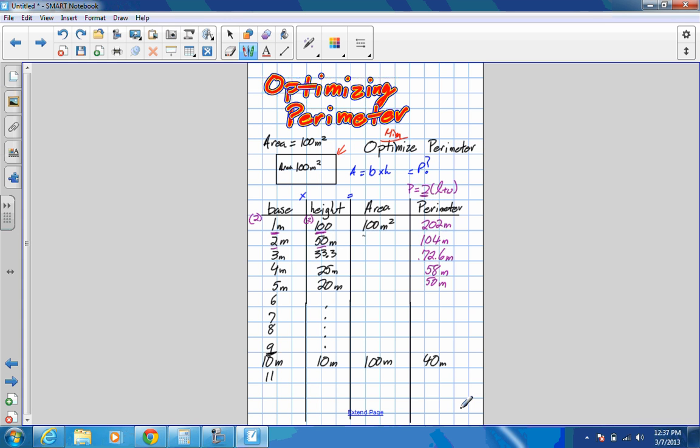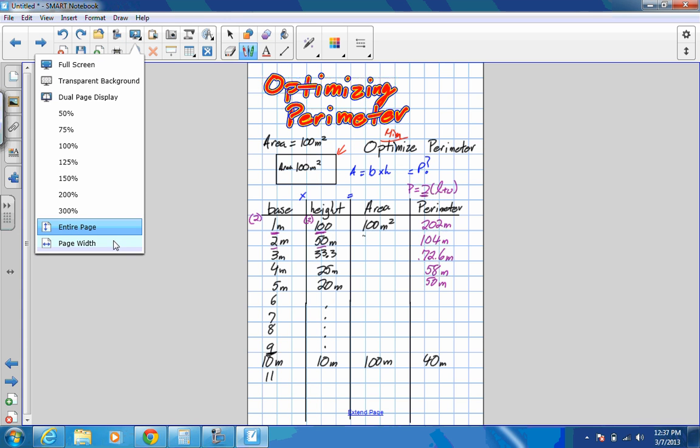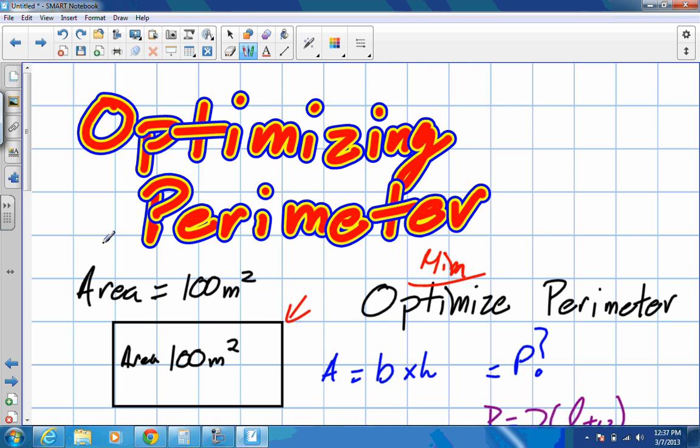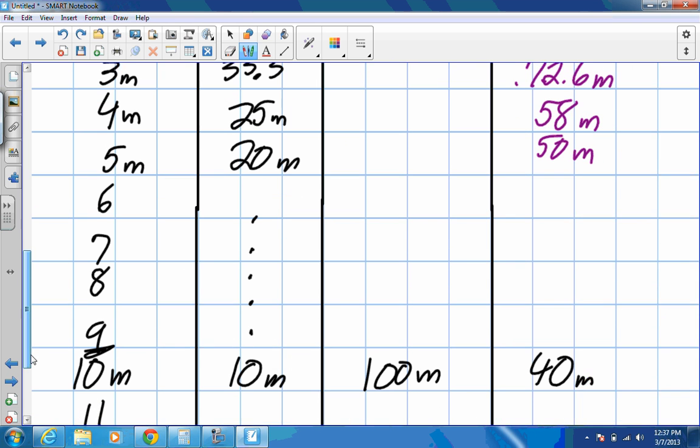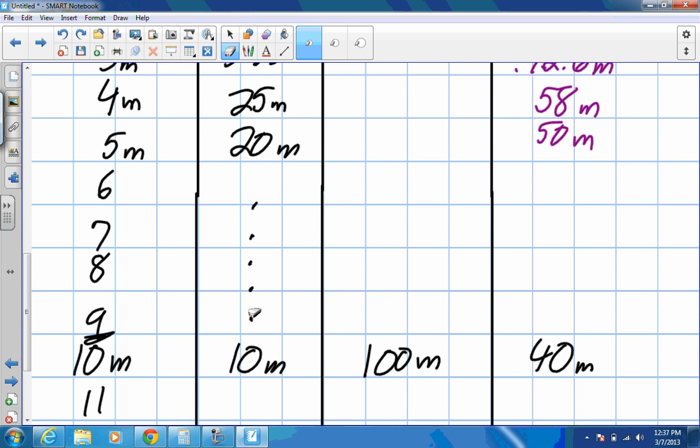So, let's go down. 9 times what is going to give us 100? Who can help me out with that? 11.1. There it is. So what will our perimeter be in that case, Sam? Add those together.